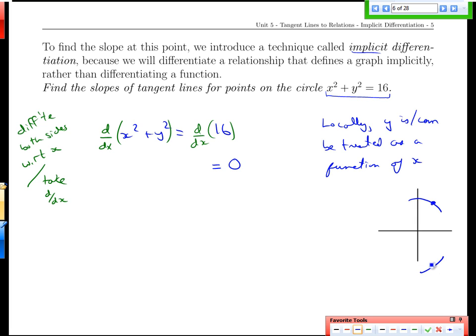If I look down here, I could define a different function. And in both of those cases, if I just look at them separately and locally, we can think of y changing with x. As x increases, y decreases along this part of the curve. If I was over here, then as x increased, y would increase. So there's a relationship that we can think of as a function.